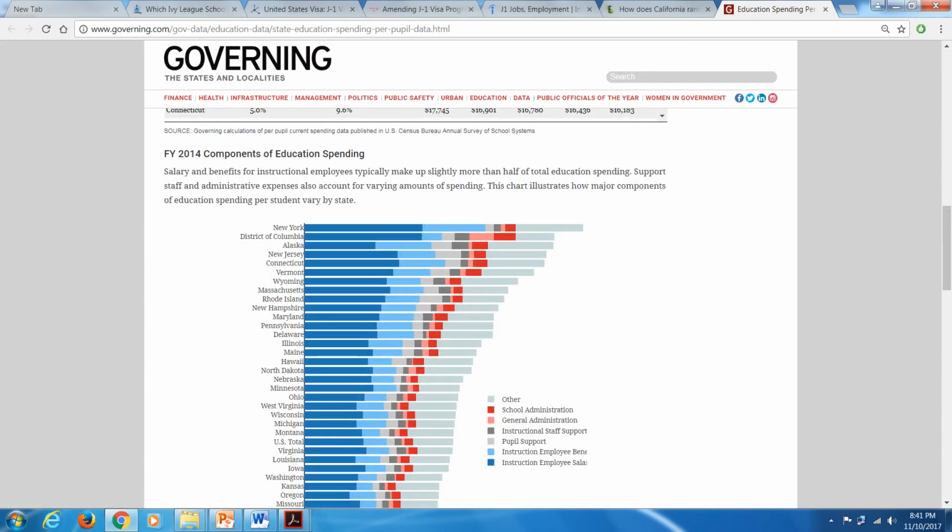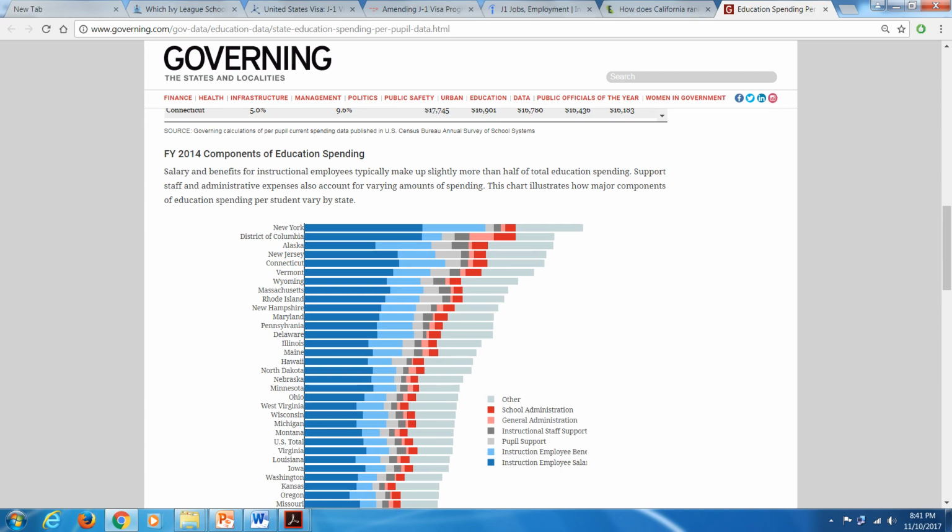This slide talks about the components of education: what percentage goes to instruction, employee salaries, benefits, pupil support, general administration, and school administration. Very interesting slide. Here you can see that the big percentage in New York goes to instruction employee salaries versus other states.